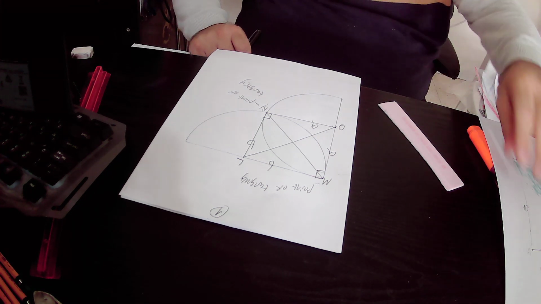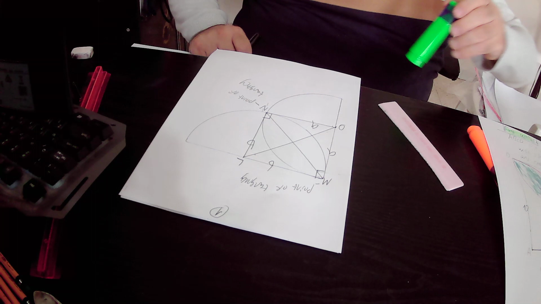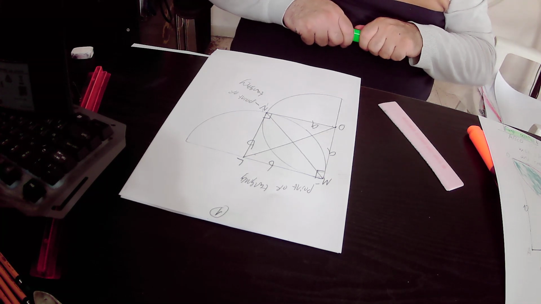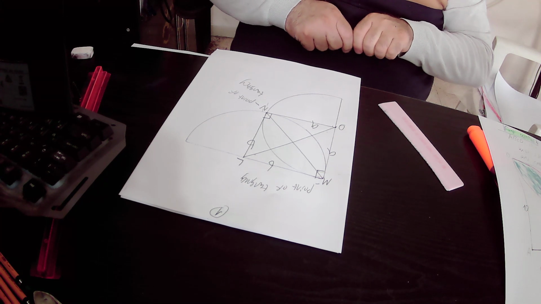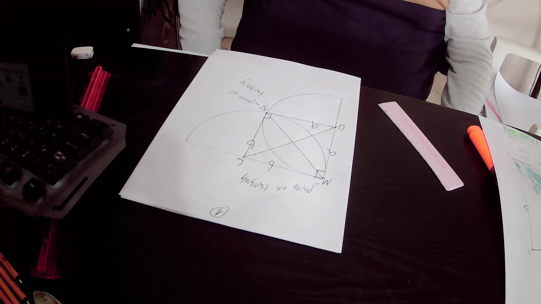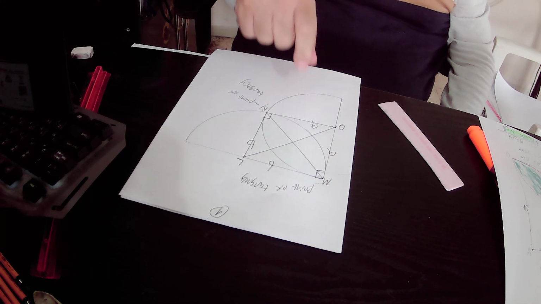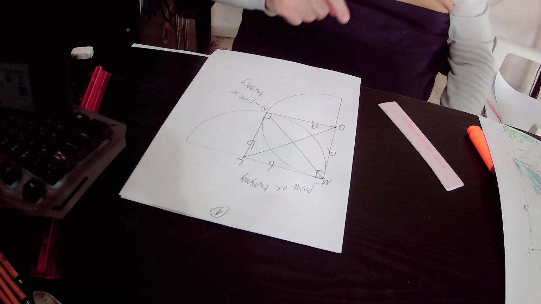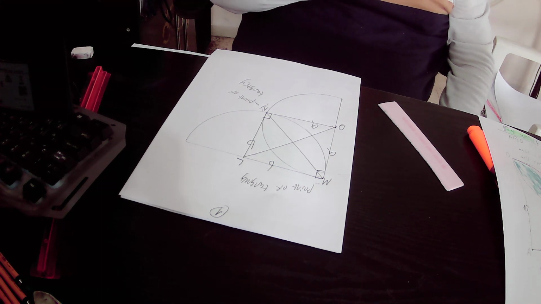So in the first step, we'll find out that those two circular segments are not identical. Why?